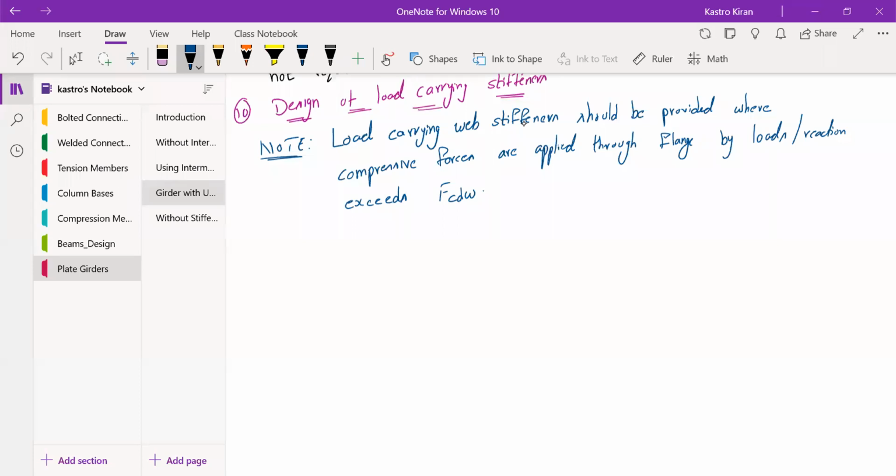Okay, so what it is saying is, you know the intensity of the factored load, right?